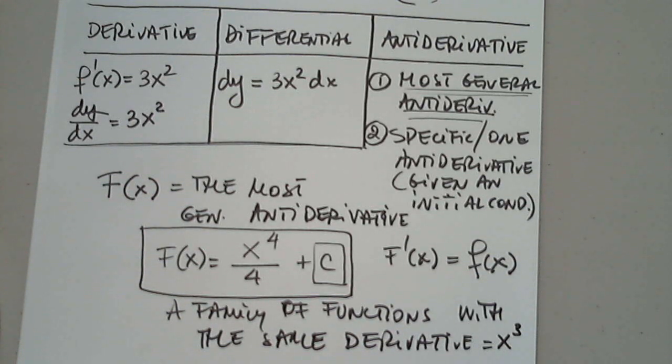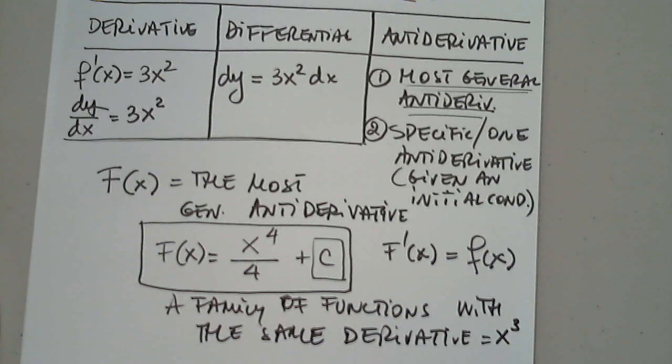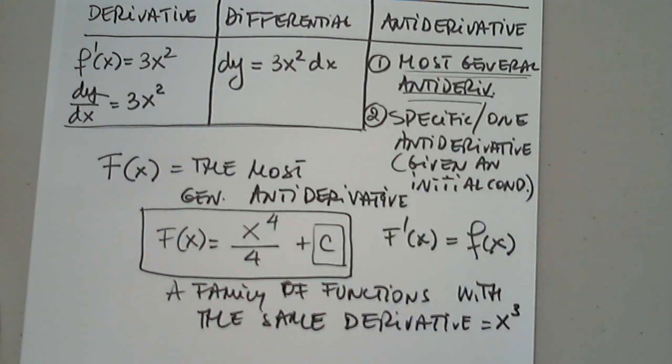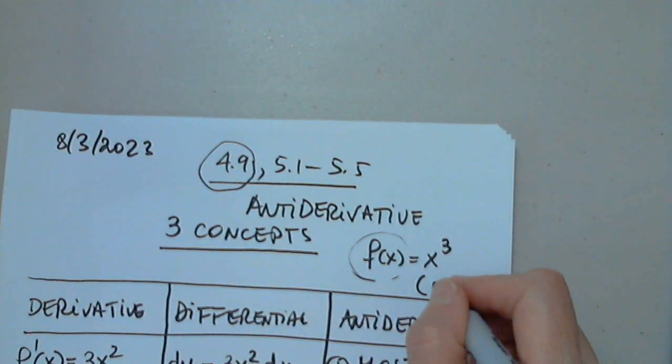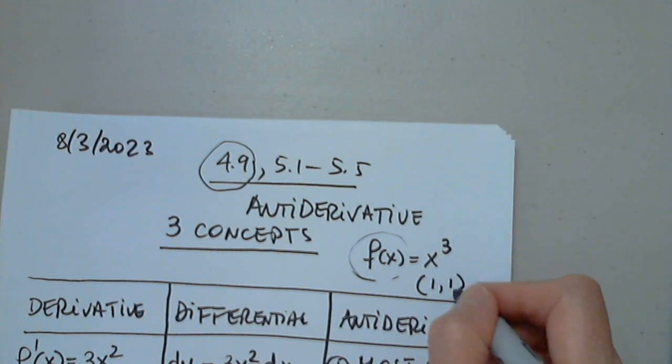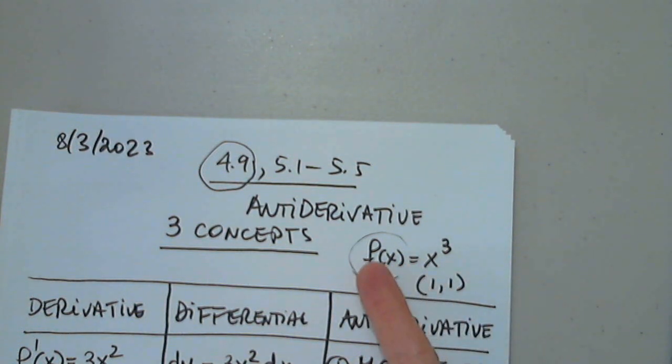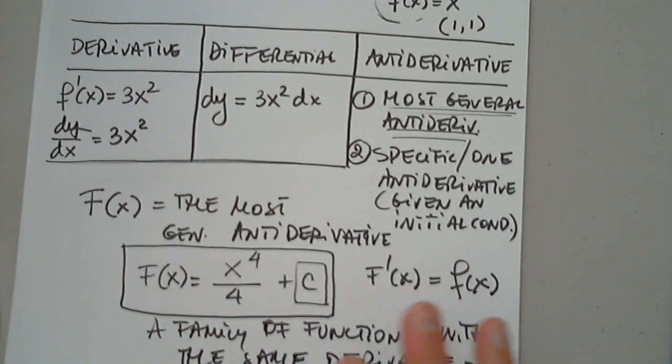Now, how will I determine a specific one? I have to be given conditions from the beginning. So let's say I'm given a point. Let's say 1, 1. When x is 1, y is 1. Or I may be given anything, really, it doesn't matter.